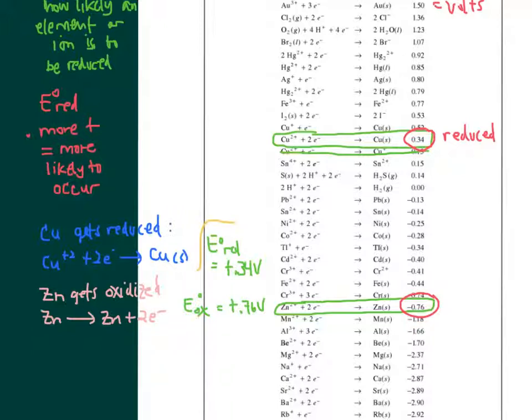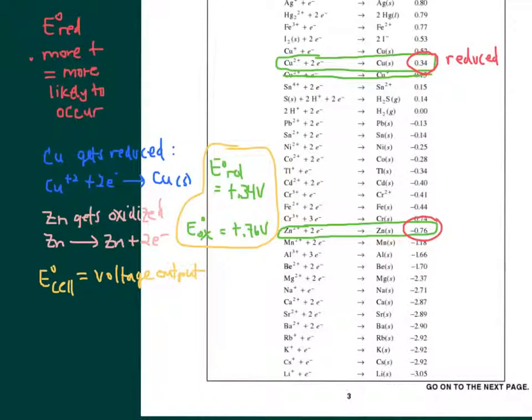From these two numbers, I can actually calculate the voltage of the cell. This is going to tell me the voltage output of my electrochemical cell, of my battery that I made between zinc and copper. To get that, I'm going to take the potential of the thing getting reduced and add it to the potential of the thing getting oxidized. Remember, the thing getting reduced, we decided, was going to be our copper.